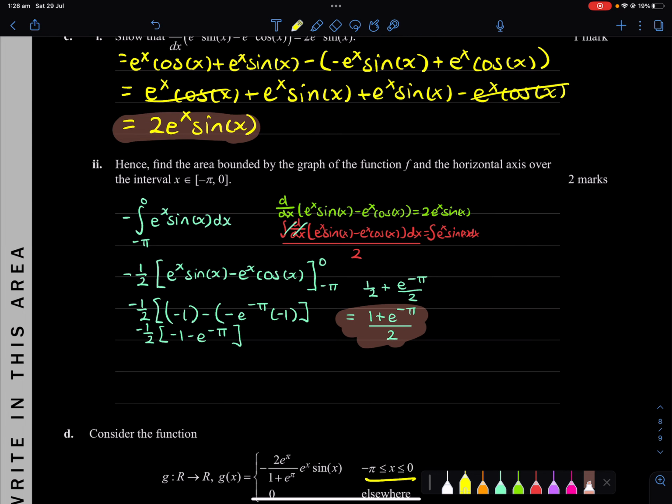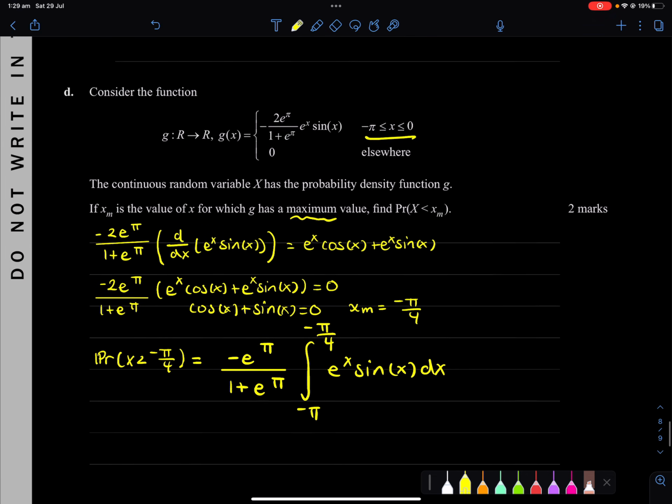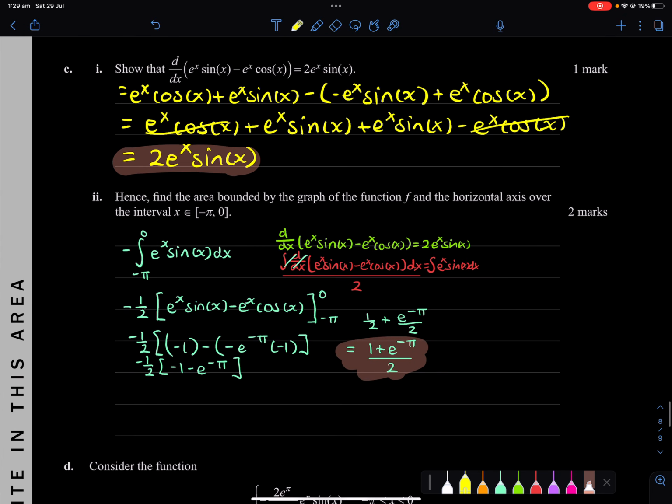So the integral of that is, okay, this is what we want. So if I pull out the half, it just cancels out that 2. So we can just say minus, and we can now sub in e^x sin x minus e^x cos x.